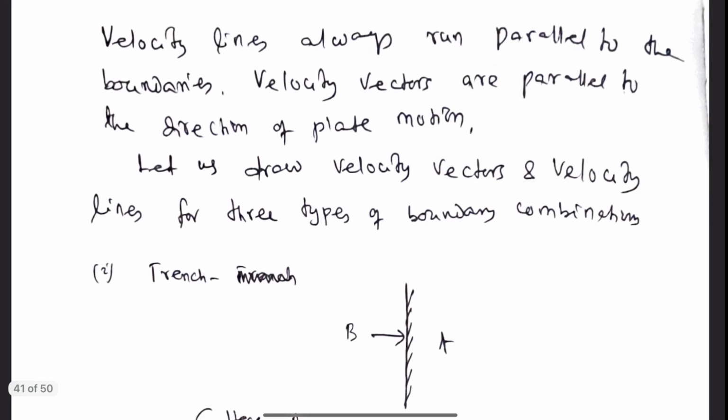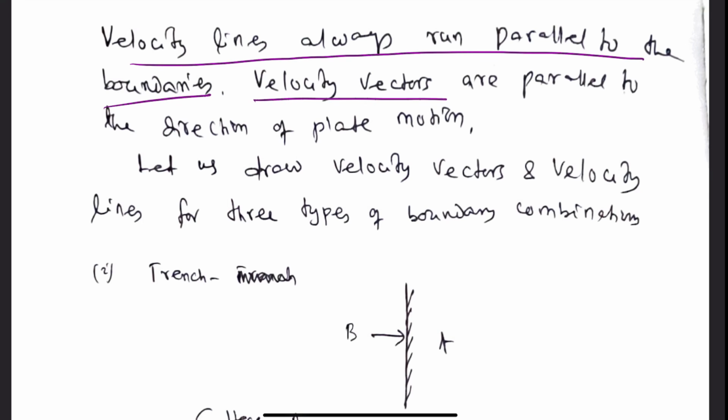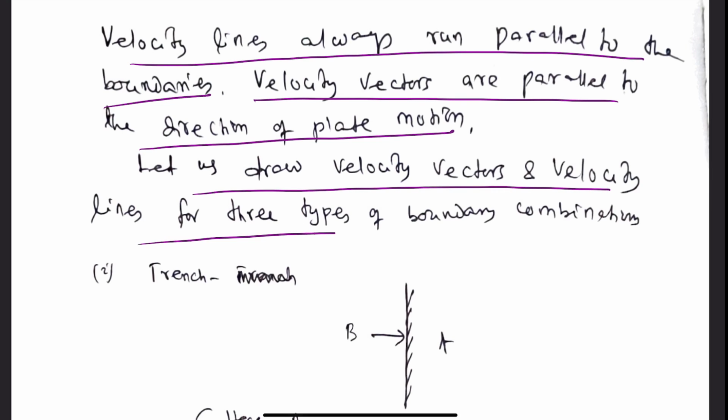So let us see how velocity lines and velocity vectors are drawn. Velocity lines always run parallel to the boundaries. Velocity vectors are parallel to the direction of plate motion. Let us now draw the velocity vectors and velocity lines for three types of boundaries.